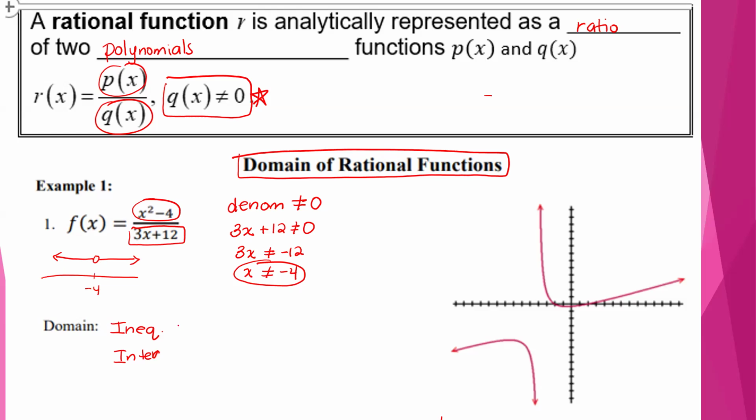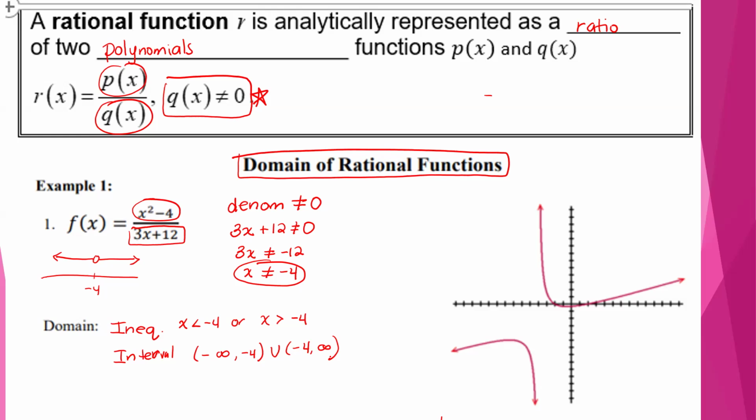So you can write it this way: x is less than negative 4 or x is greater than negative 4. That gives you the hole. And the other way, interval notation, is from negative infinity to negative 4, parentheses, joined with negative 4 to infinity. I don't really care, but if it says interval, you have to write interval, okay?